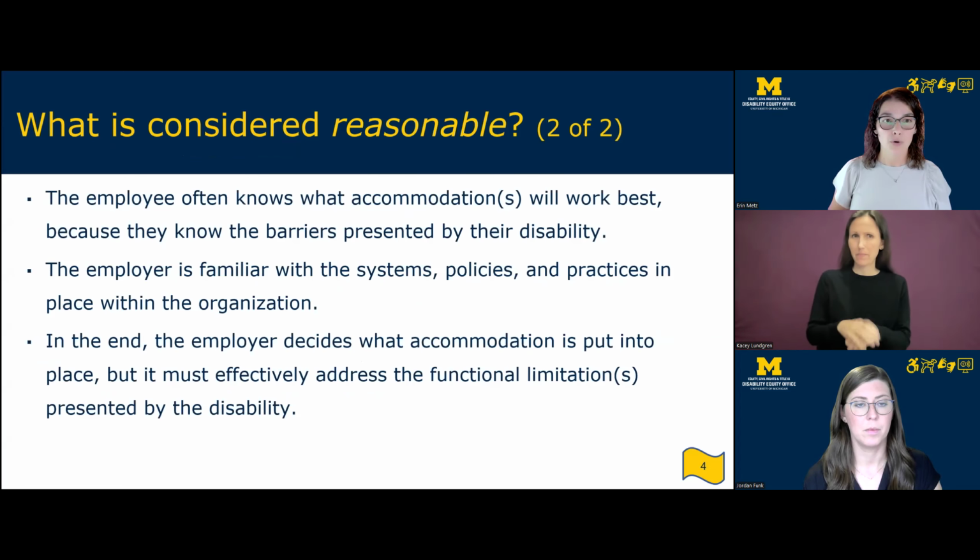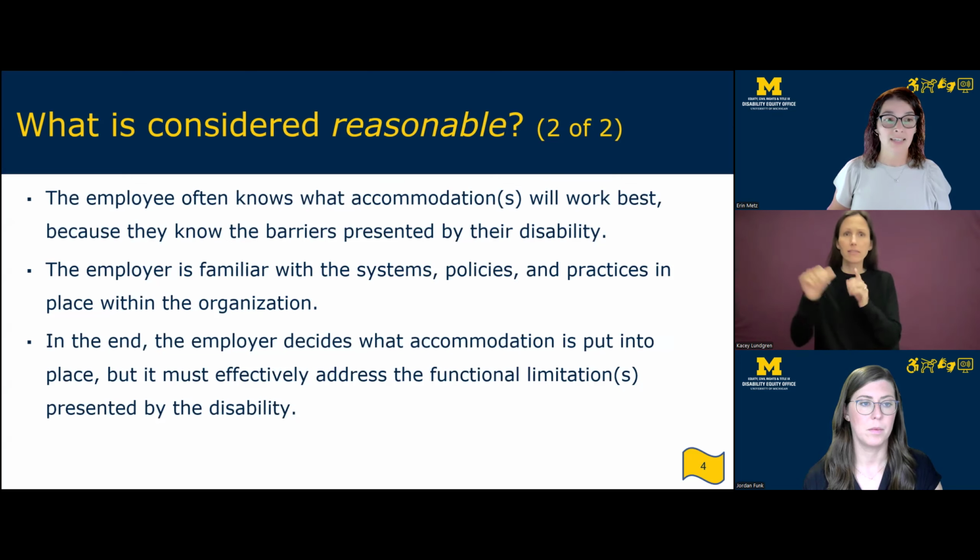The employee often knows what accommodations are going to work best because they know and understand the barriers presented by their disability the best. The employer is familiar with the systems, policies, and practices in place within the organization. In the end, it's the employer who decides what accommodation is put into place, but that accommodation must effectively address the functional limitations presented by the disability.